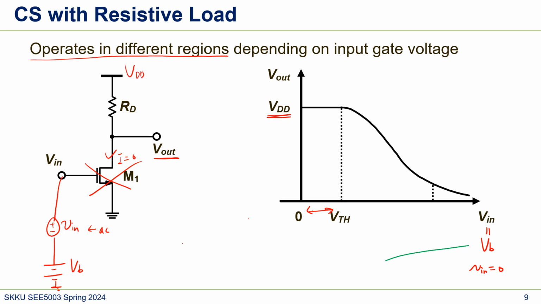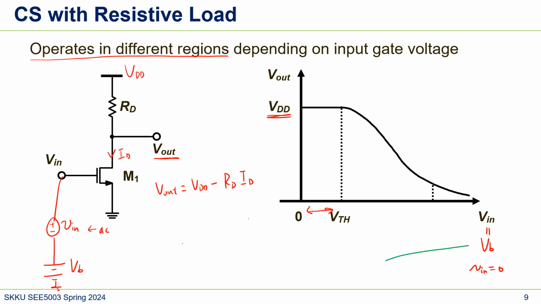It starts from VDD. And then assuming that we're increasing the input voltage, as this MOSFET turns on, it starts to flow current. Now V out would be VDD minus RD ID, right?